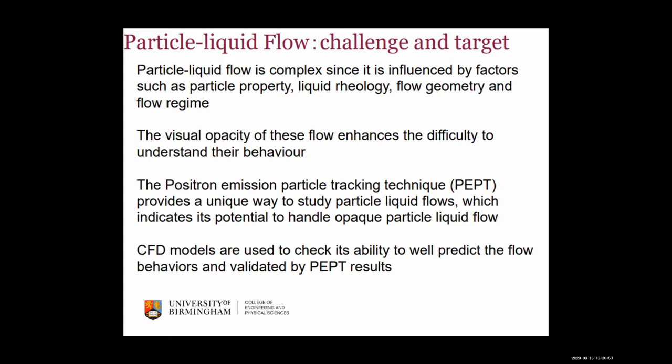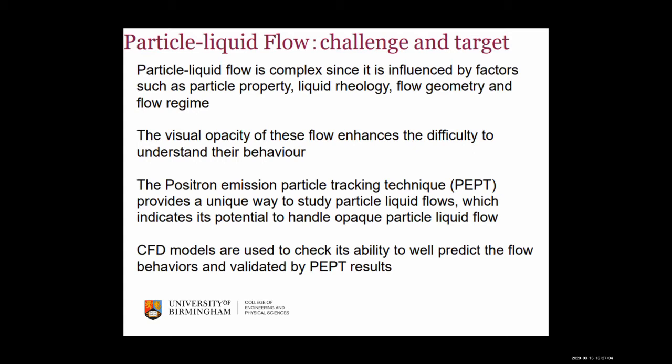In the University of Birmingham, in the physics department, there is a technique called positron emission particle tracking. This technology can give us information from an opaque system, which means you cannot see what happened inside, but the gamma rays can get out of the fluid, so you can get information from a detector.